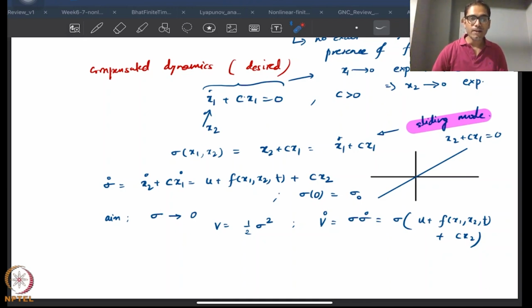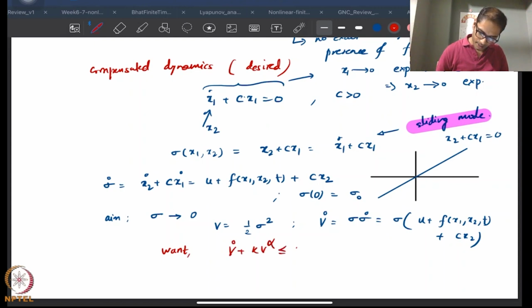So what is it that we want to do? You already know, from our finite time stability, that for finite time convergence you want V dot plus kV to the power alpha less than or equal to 0. You can choose alpha to be anything, that's our call, but alpha has to be within (0, 1), and k has to be positive.